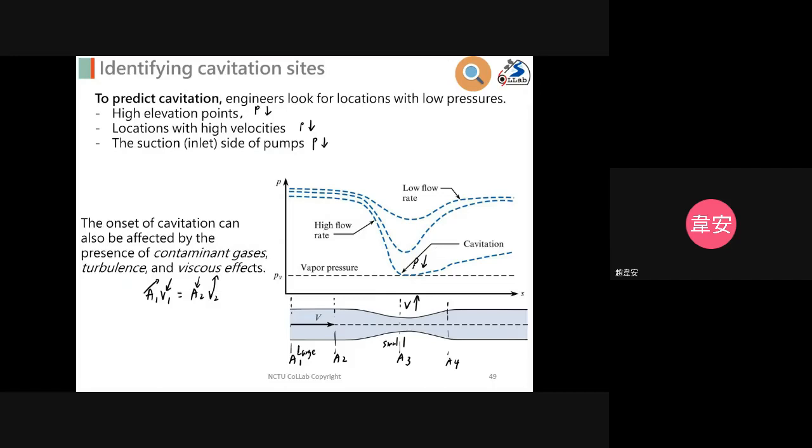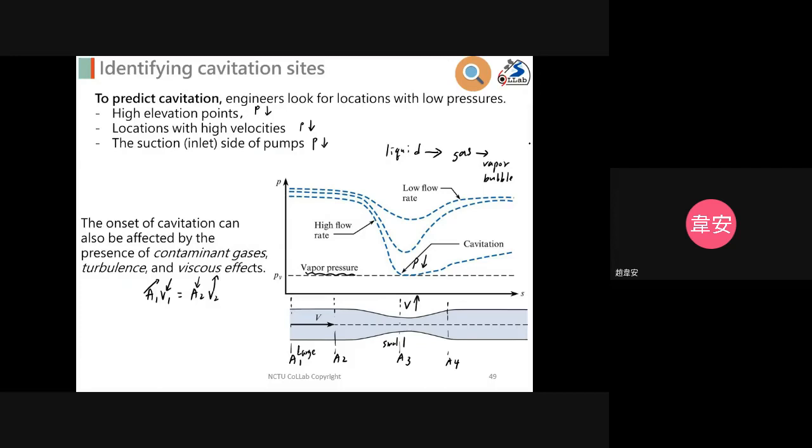If your environment pressure decreases to touch the vapor pressure at a certain temperature, your liquid will convert to gas, and the gas will form vapor bubbles, which we don't like because the vapor bubbles will induce very large pressures to destroy your structures.